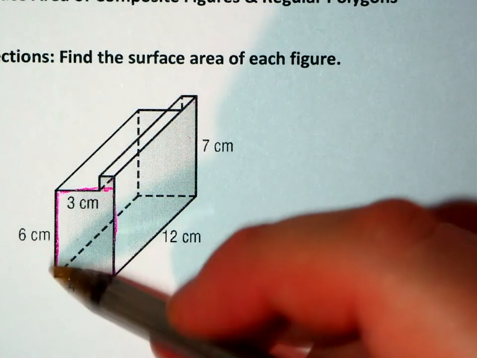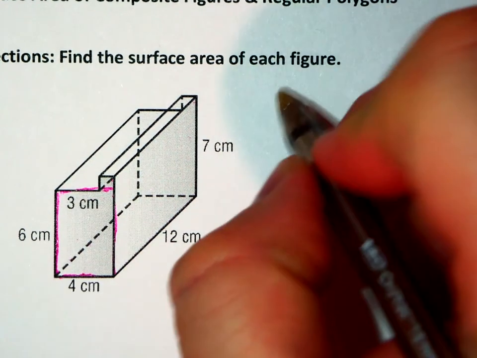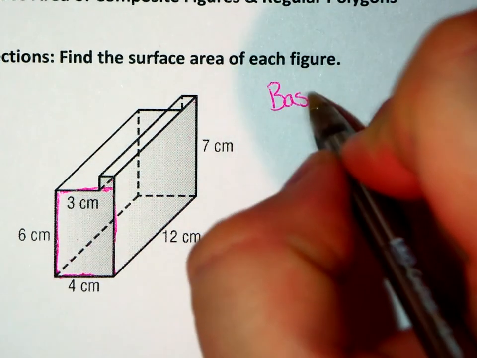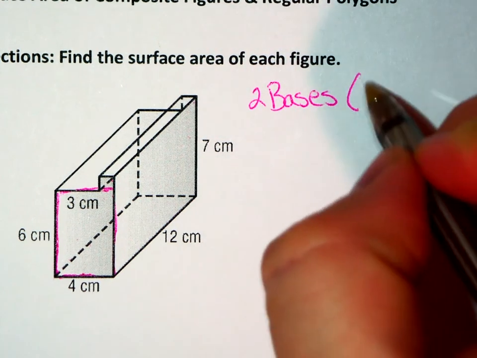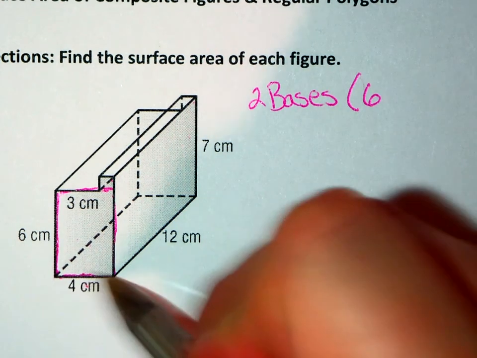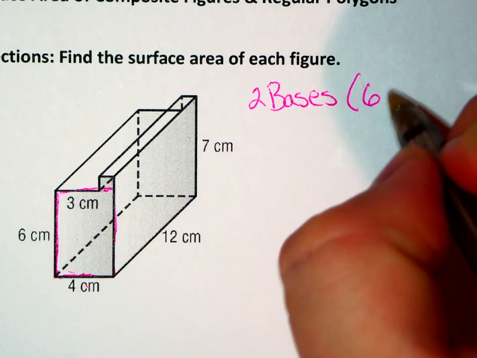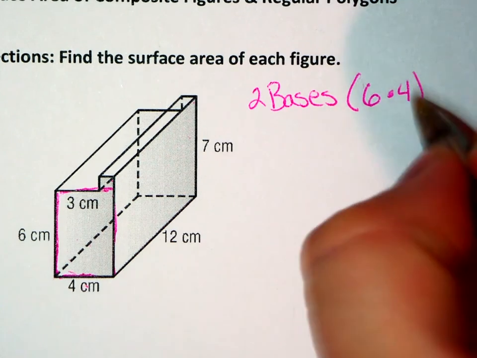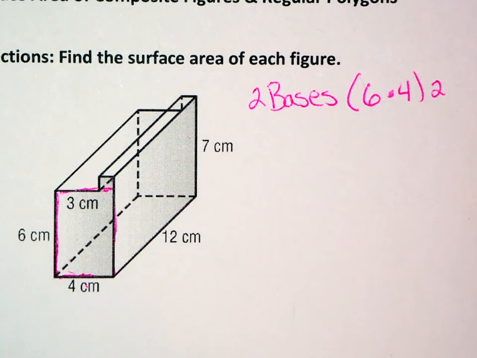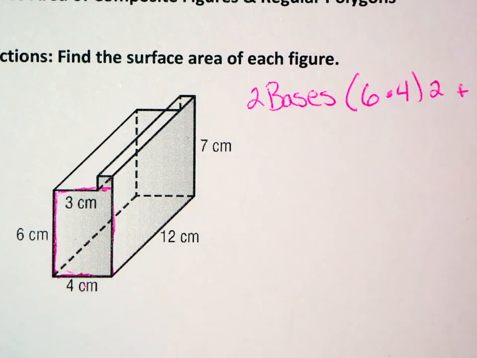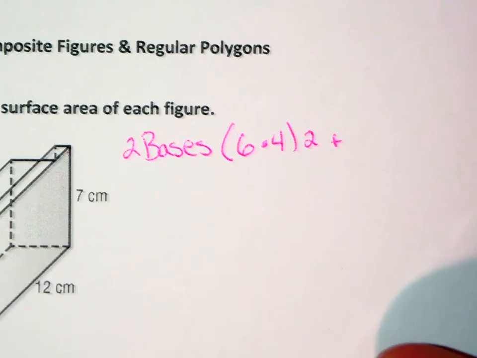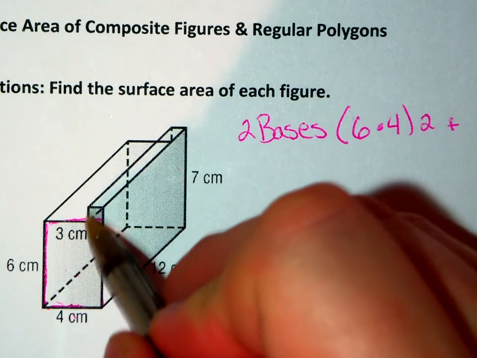And so this end is 6 tall, and it is 4 in width. And again, there's 2 of them, but also remember at the same time, which we're adding to this, there's this piece here.